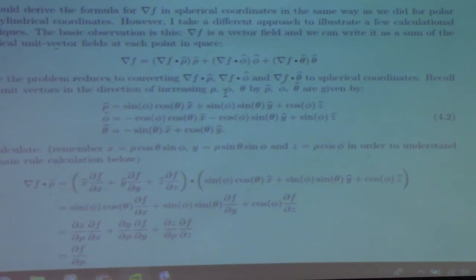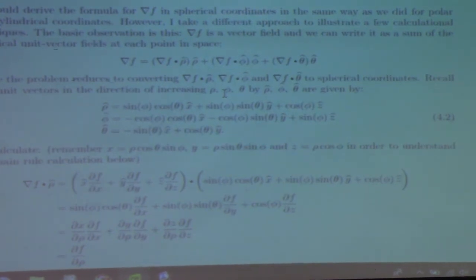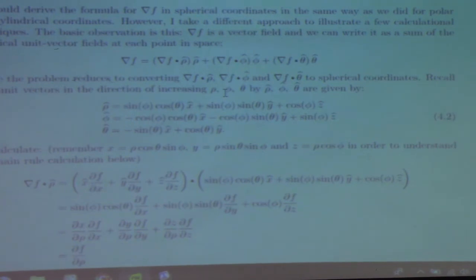By the way, guys, I don't think I've emphasized this enough in here. The reason we care about spherical coordinates, maybe some of you are taking physics 232 right now? Here's what the Coulomb field looks like in XYZ coordinates. It's Q over 4 pi epsilon naught, and then you could write it as x squared plus y squared plus z squared to the 3/2 power times the vector xyz.